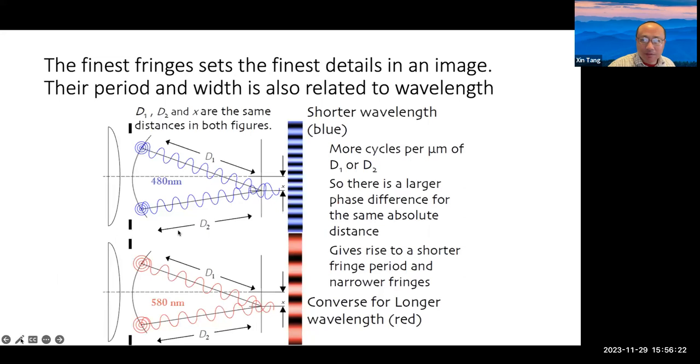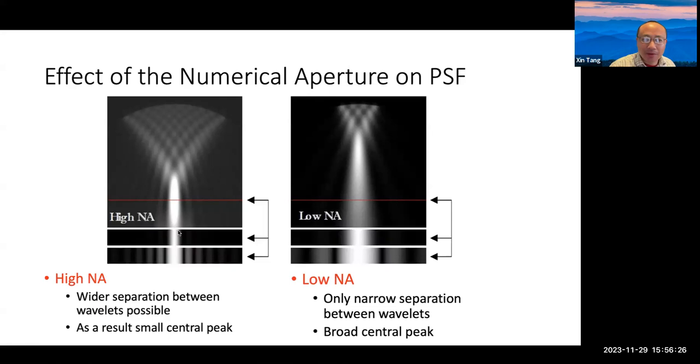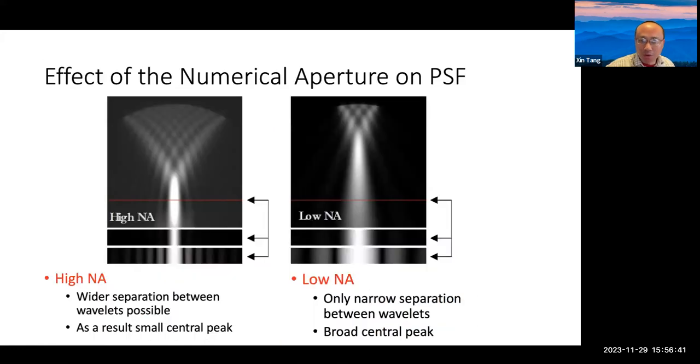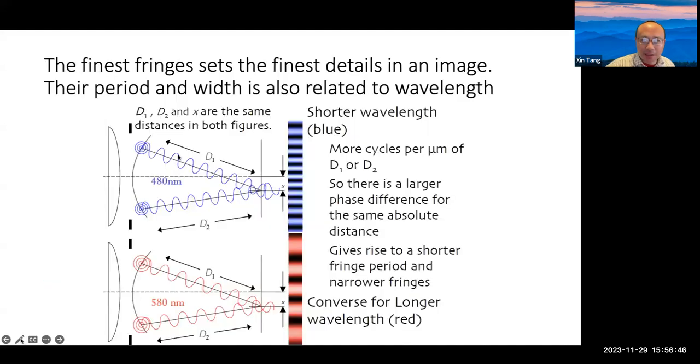Now, this resolving power not only depends on the numerical aperture, but also on which light we use. We just mentioned that light has different wavelengths, different frequencies, and a different refractive index, and those factors play a role during this interference process. If the light has a smaller wavelength, higher energy, it can generate thinner patterns.